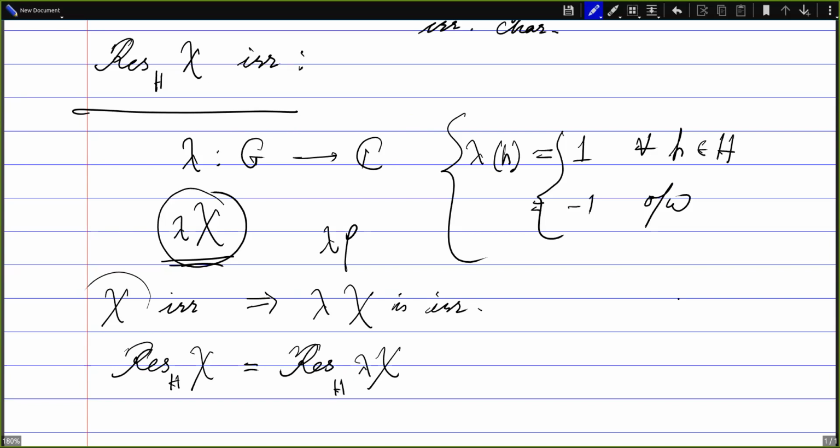So the relevance of this lambda chi to the situation when the restricted character res chi is irreducible is the following.